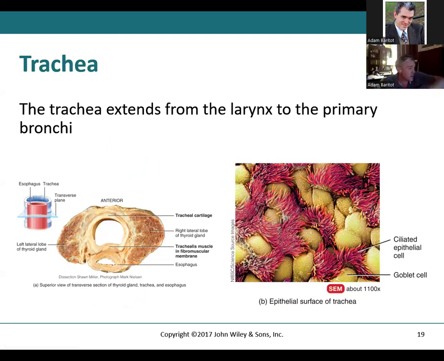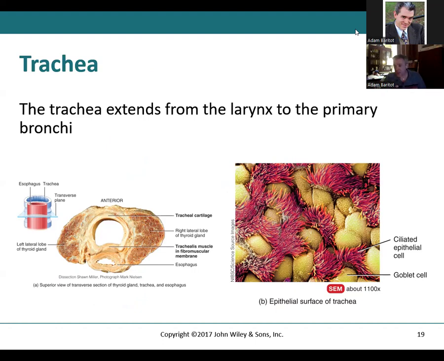The trachea is the next tube along our pathway. The trachea extends from the larynx to the primary bronchi. Within our trachea, we have a number of useful little cells. You can take a look here on this microscopic image on the side.